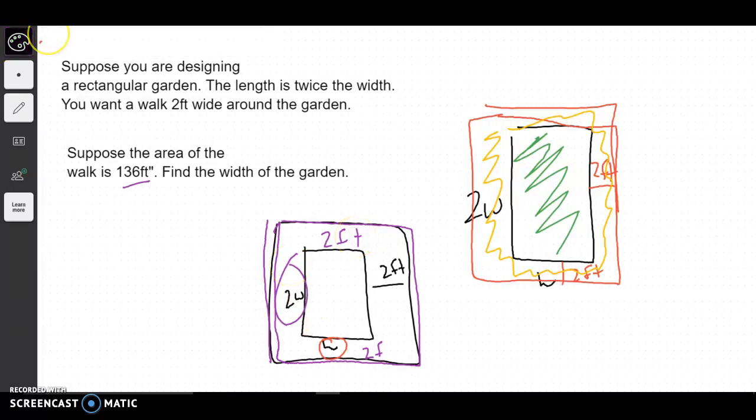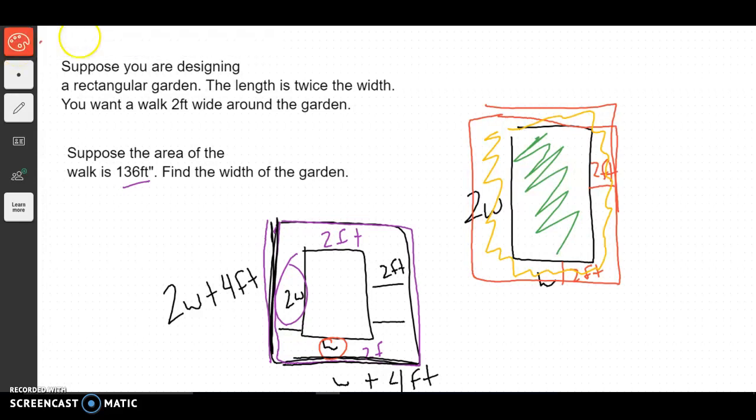So this entire side right here would be 2w plus 4 feet. This big long side right here. And we could also figure out the width of this thing, because the width would have a 2 foot here and a 2 foot here, so this would just be w plus 4 feet. And then we can find the inside portion, because the inside portion would just be w and 2w.